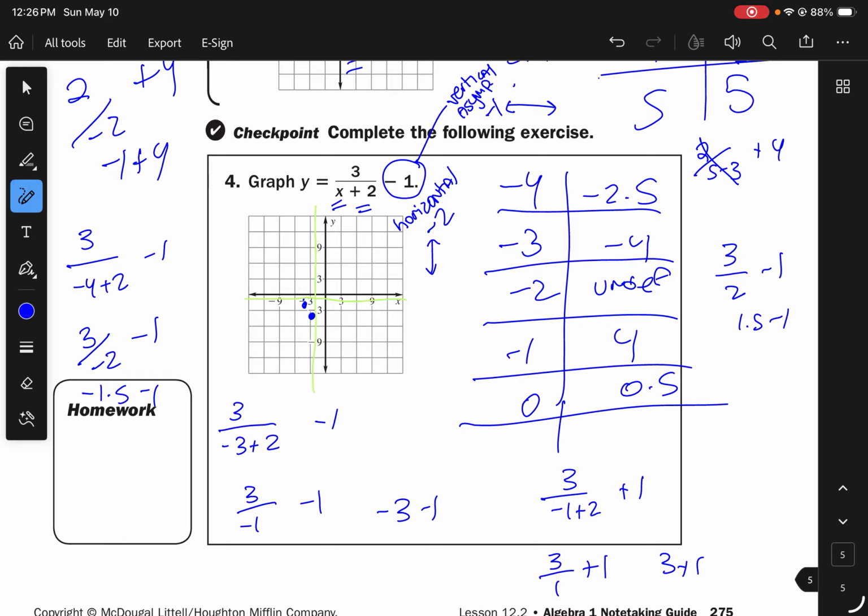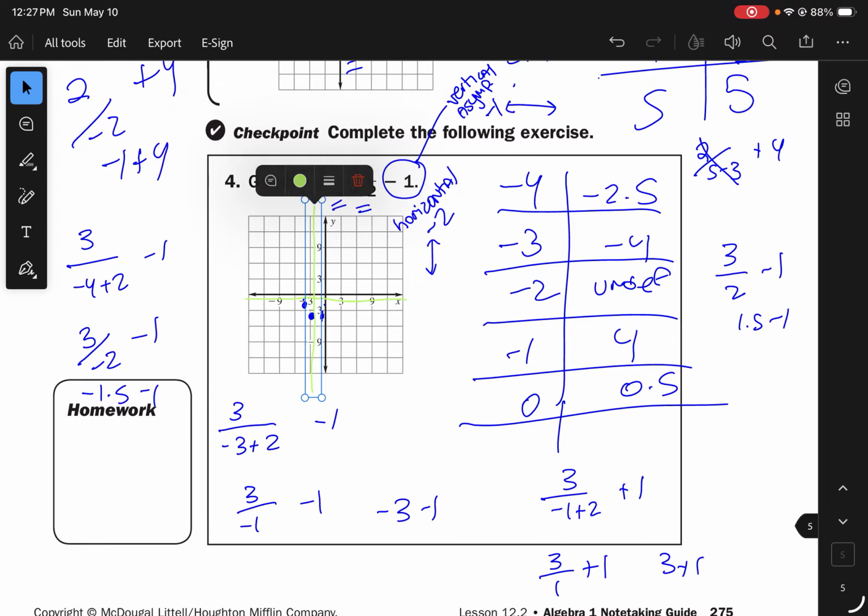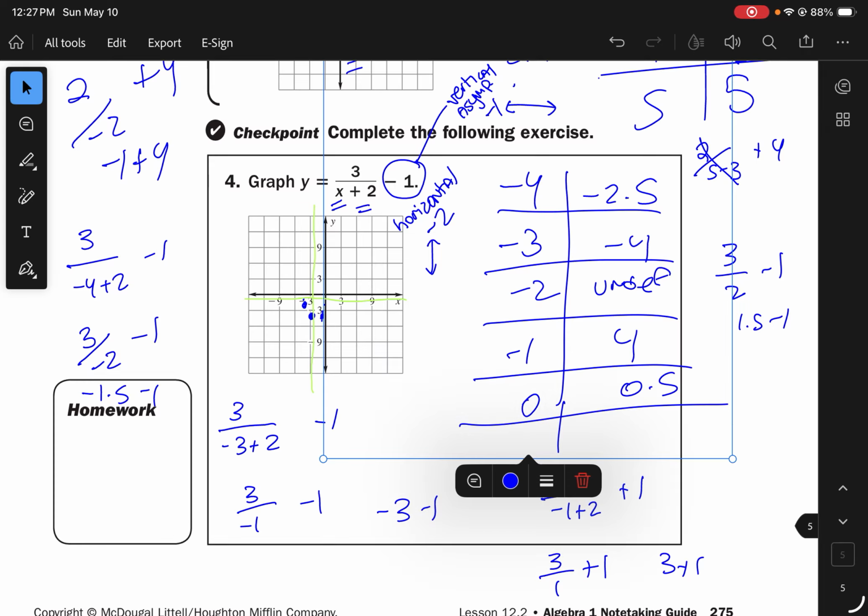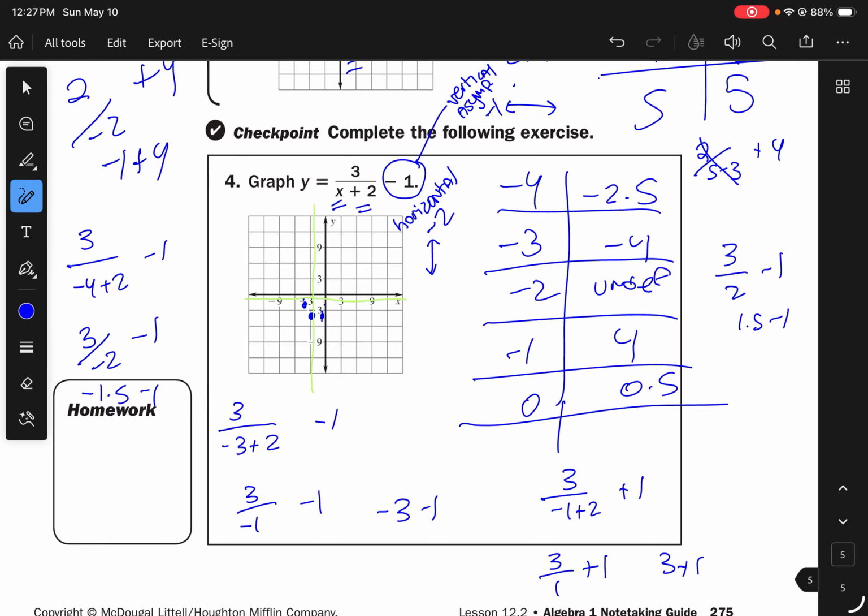All right, at negative 1, I'm at negative 4, and at 0, I'm at 0.5. So here, it's actually above there. Okay, so at negative 1, I'm at positive 4. Don't you love these technical difficulties? Let me just get rid of this line, kiddos. There we go.